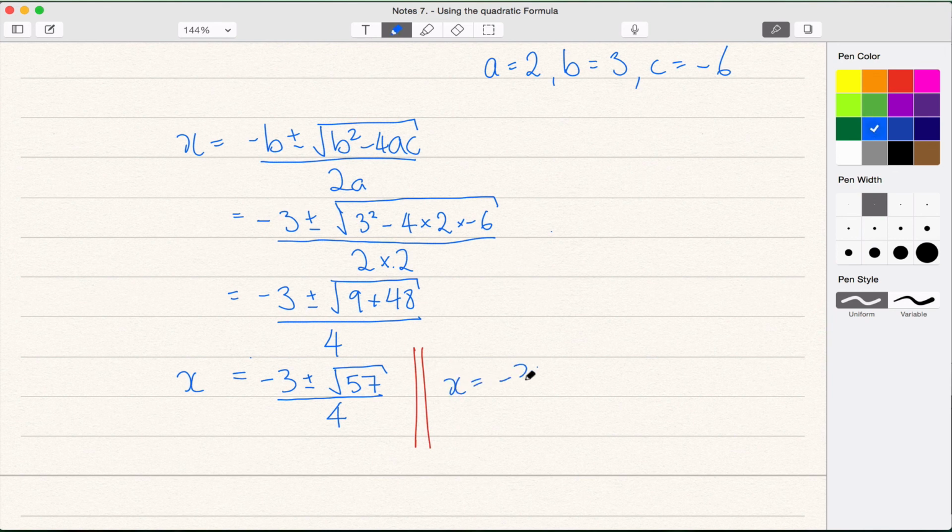X equals negative 3 plus the square root of 57 on 4, or negative 3 minus the square root of 57 on 4. Both methods, either leaving your answer like this or leaving your answer like this, both are fully acceptable.